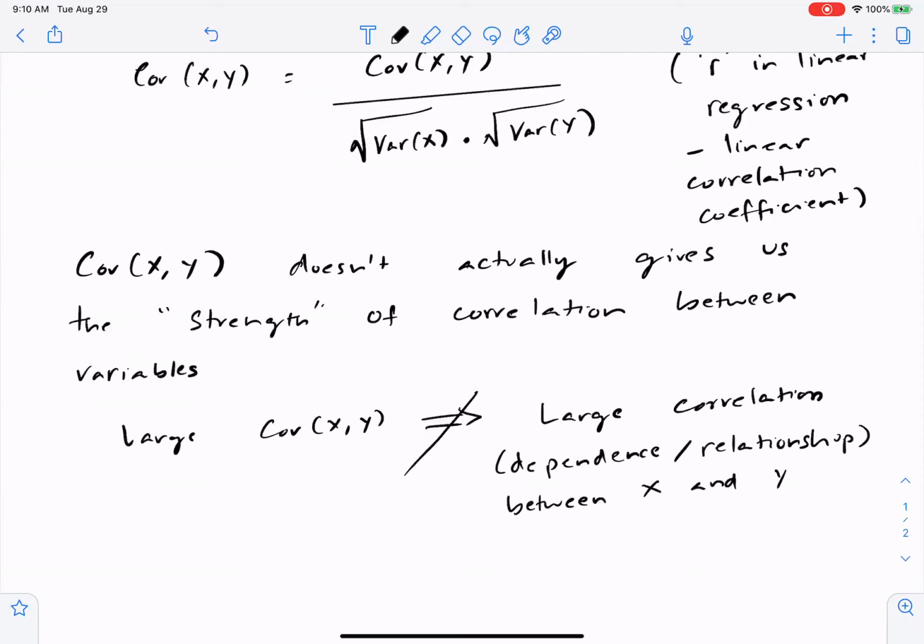Hence, the normalization over here, the reason why we divide it by standard deviation, is to normalize.